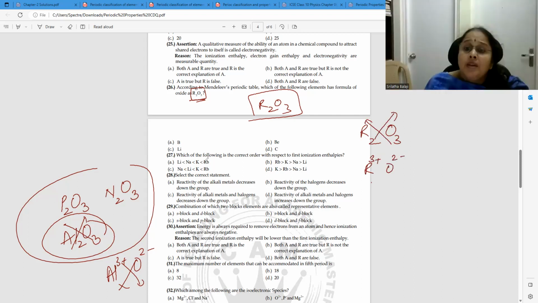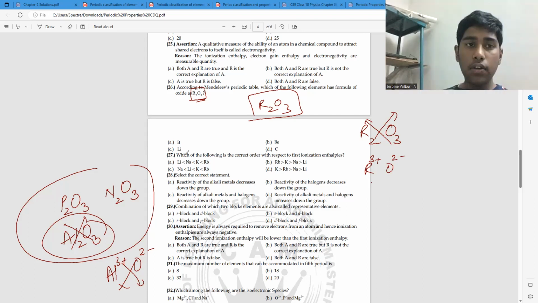So which of these elements will exhibit a valency of 3? Which feature of the periodic table will give you the valency? The group.